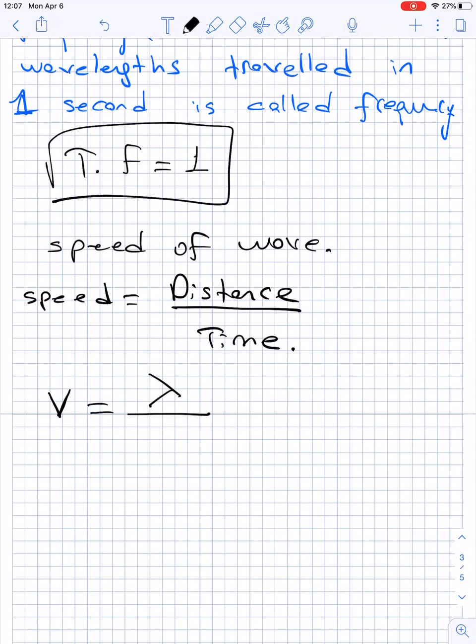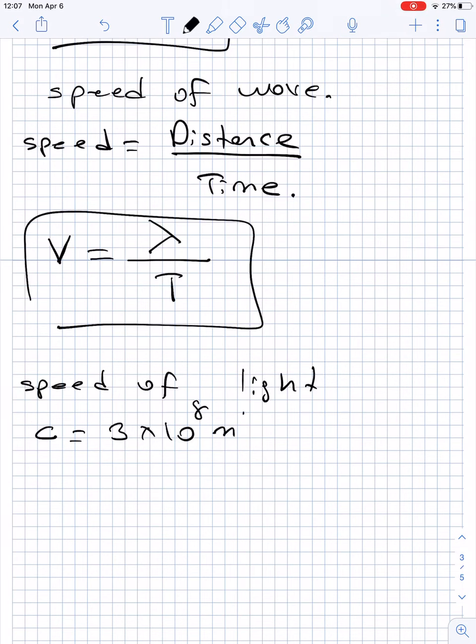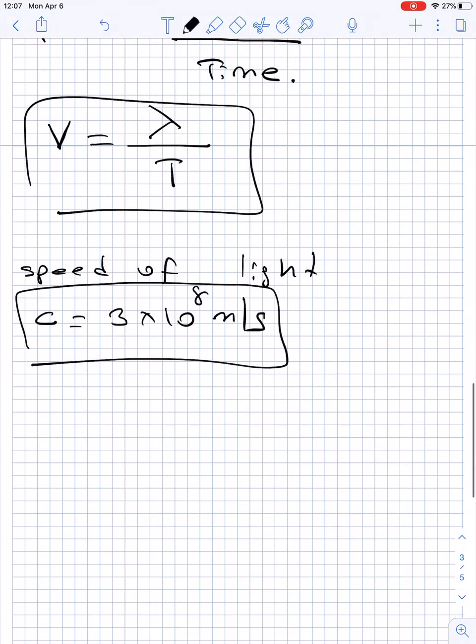Distance means wavelength, over time means period. This is our formula. And some waves move with the speed of light. Speed of light is constant, symbol is c. Always c is equal to 3 times 10 to the power 8 meters per second.